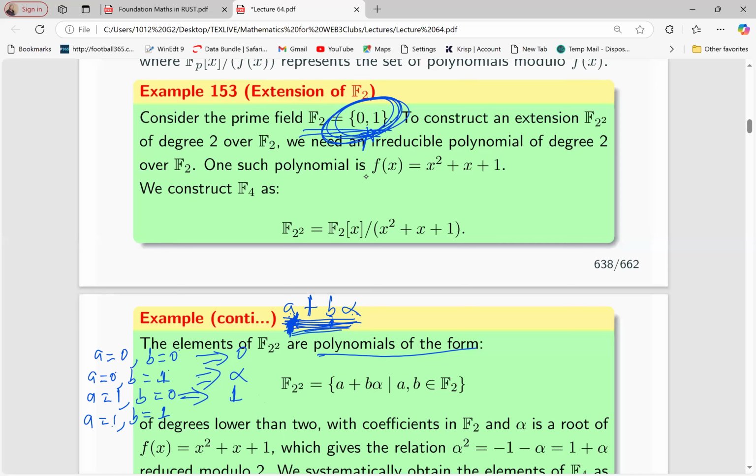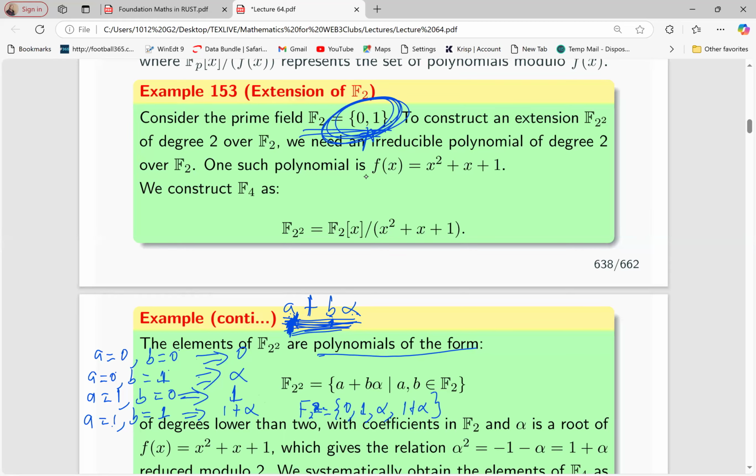And when A is 1 and B is 1, what you get is 1 plus alpha. So the elements of the field extension are 0, 1, alpha, then 1 plus alpha.